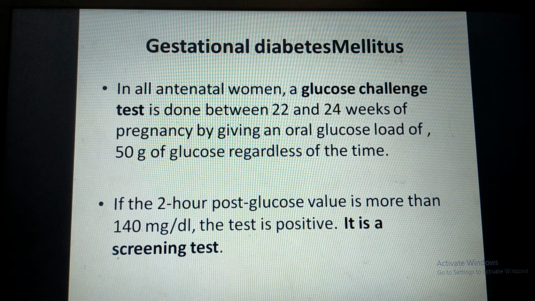If the blood sample shows 140 milligram per deciliter of sugar or more than that, then you can say that this test is positive.